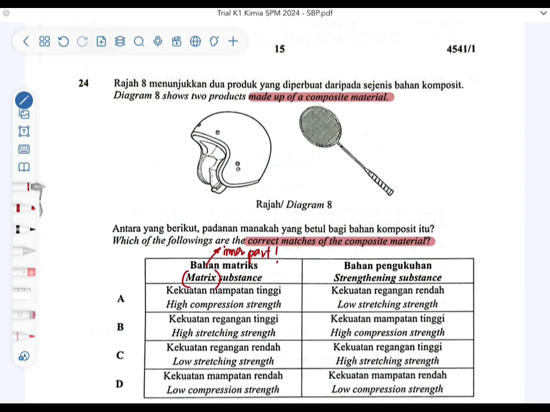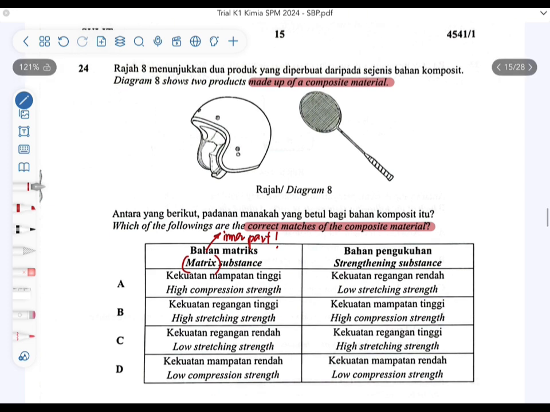The characteristic that we want is low tensile strength, low stretching strength. And then the strengthening substance, it means that we need to reinforce the strength, right? So this material must be strong, so it needs to have high stretching strength.